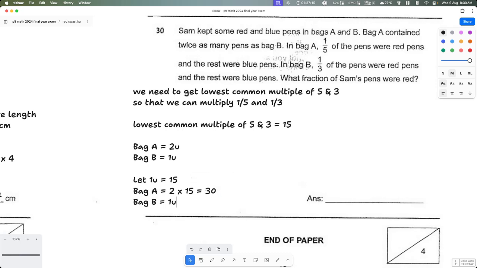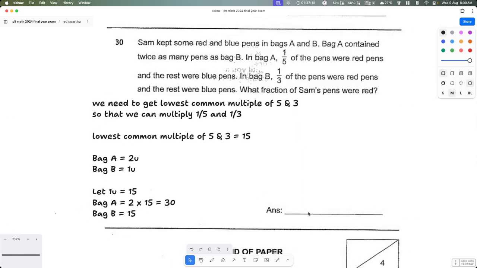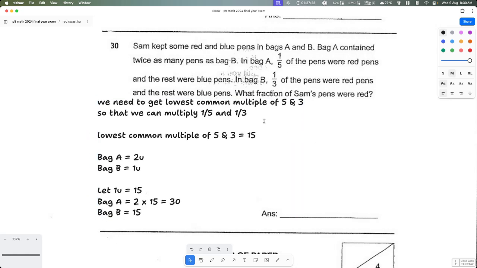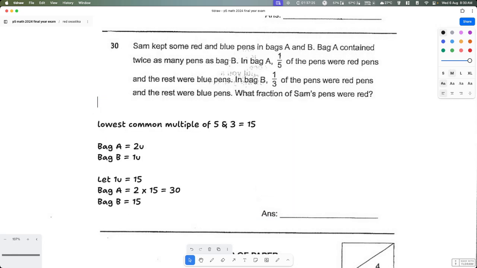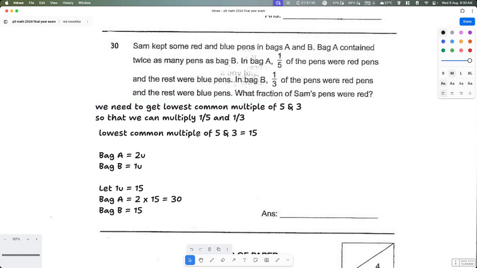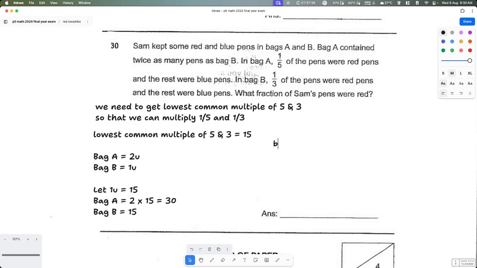Nothing new. Okay, so from here we can actually do the red pens and blue pens. I'm just going to cancel this out. Now we have bag A red pens is equal to 1/5 times 30, because 1/5 of the pens are red, so this will give us 6.